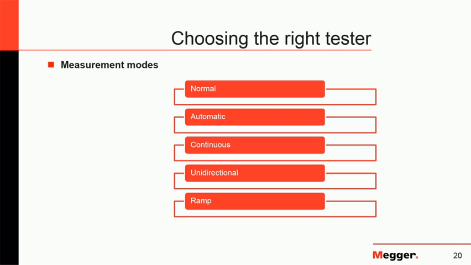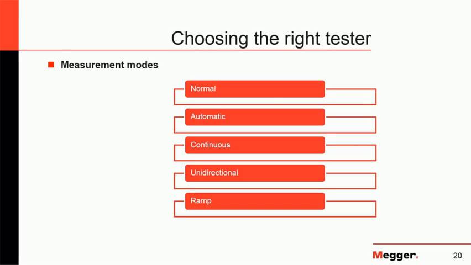The continuous mode will apply the current in one direction only until the operator manually stops the test or the instrument senses that the circuit is broken. This is useful, for example, when testing temperature rise in a motor.